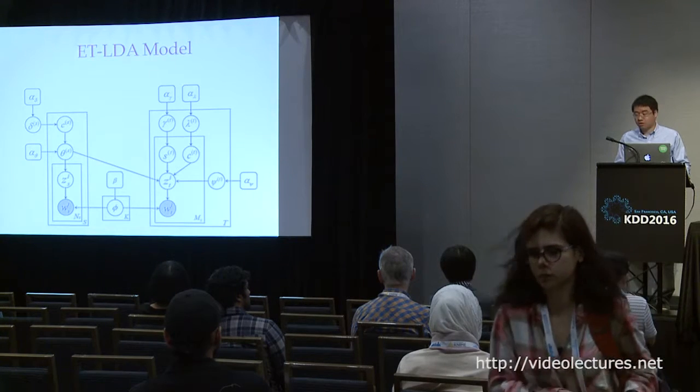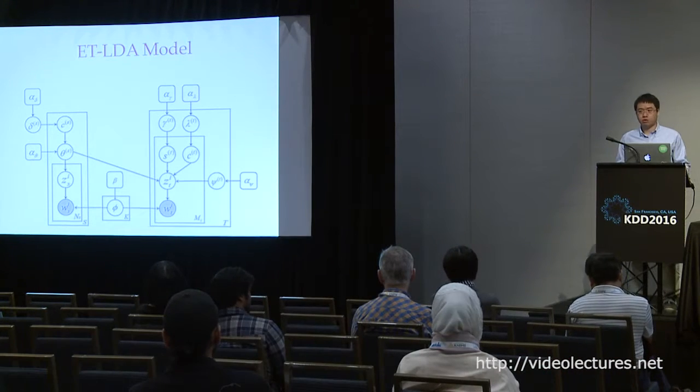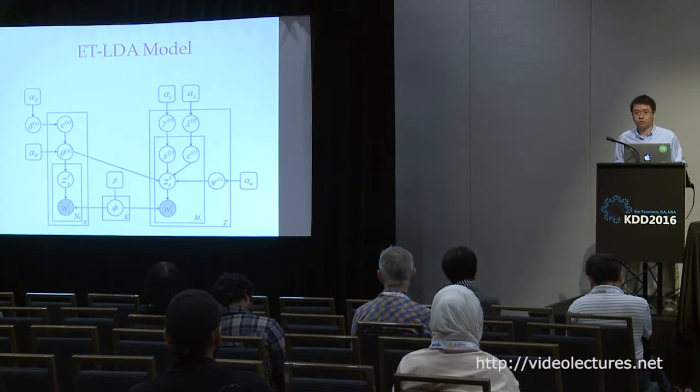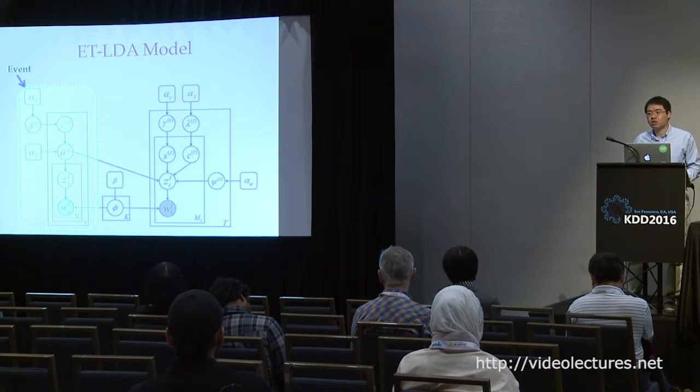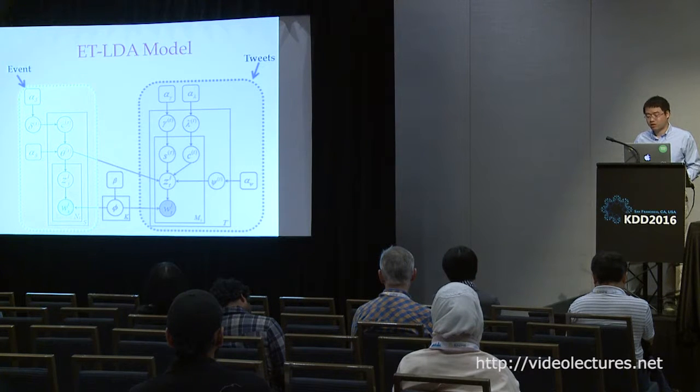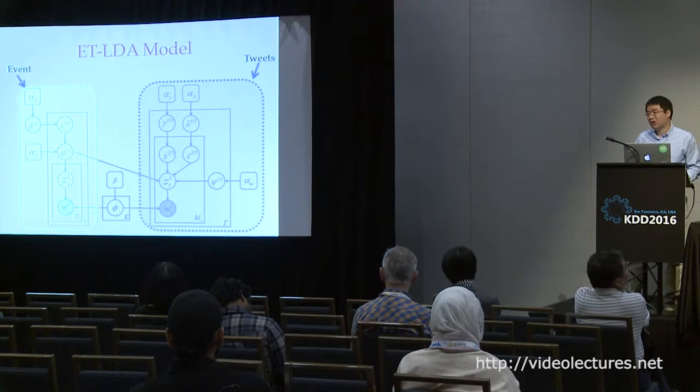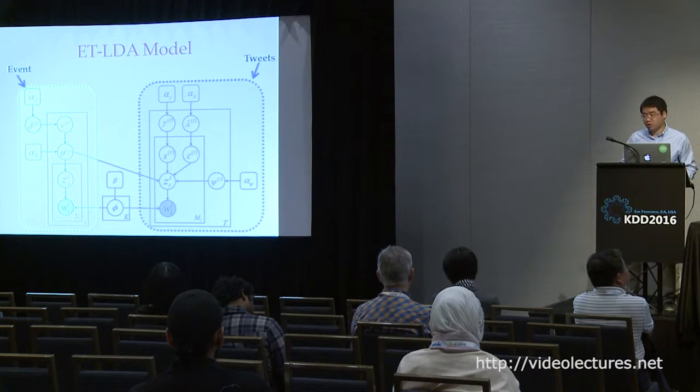We propose this ETLDA model, which is essentially an extension of the well-known LDA model. The ETLDA model has two parts. On the left-hand side, we have an LDA-like model to model the event. And on the right-hand side, we have a graphical model to model tweets.